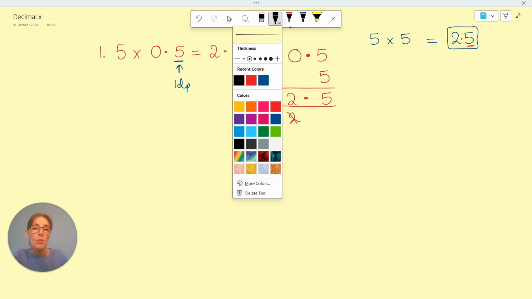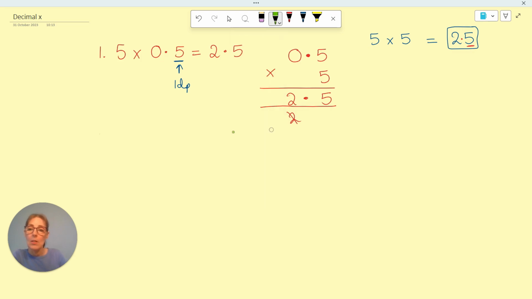So perhaps we could try that with something else. Let's have a look. This lime green colour. Number 2, 1.5 multiplied by 5. I'm also going to do the way where I take out a decimal place.